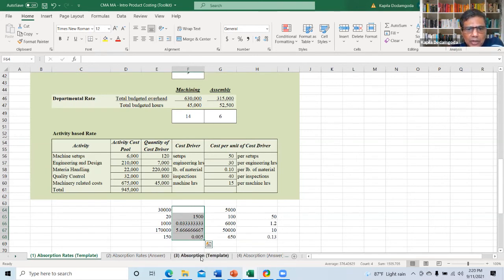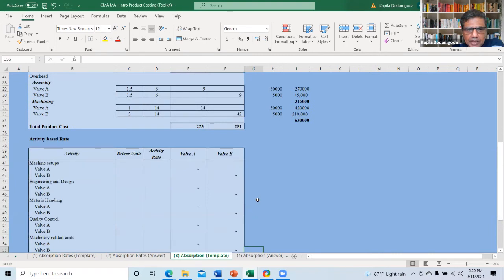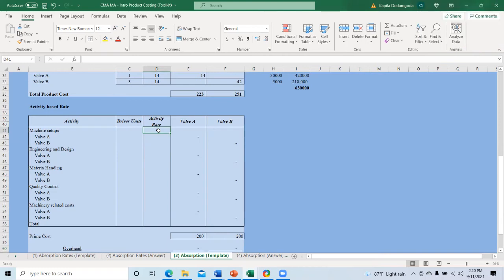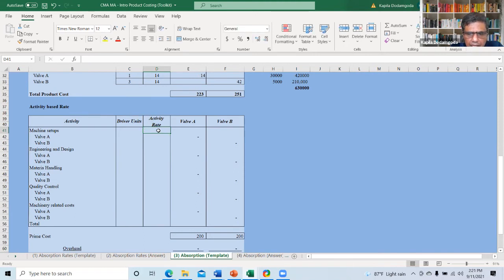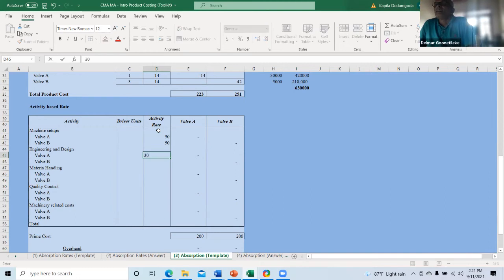So now when you try to calculate your overheads for these two products, we can do it quickly. You can look at your schedule and tell me what is the machine setting up cost per setup? 50. Valve A and valve B both it is 50. Engineering and design rate is 30, for both.